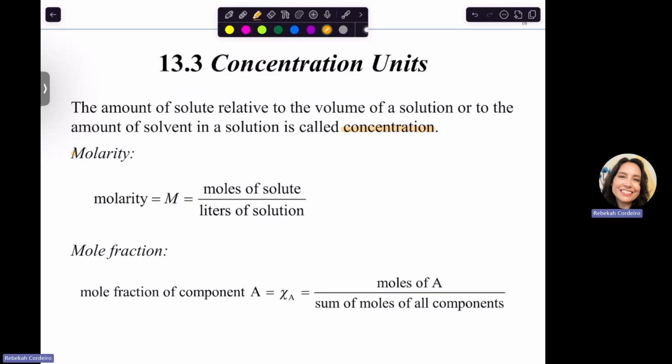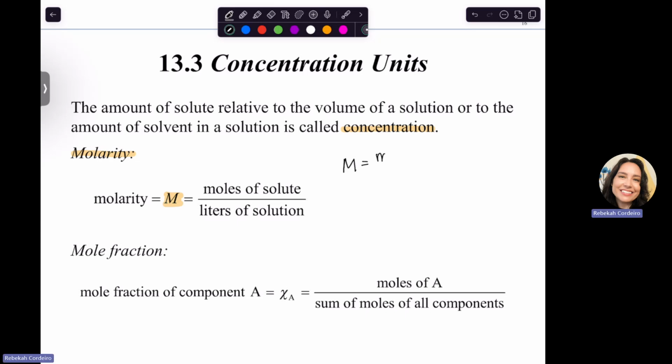So the first one we have is called molarity, and that is the moles of solute per liter of solution, and we're going to use capital M. It's important to use capital M because there's one coming in the next slide that's lowercase m. You got to make it a nice, very clear capital M. So molarity is moles of solute over liters of solution.